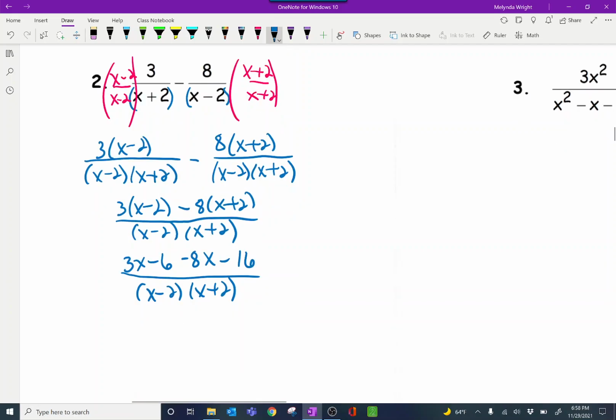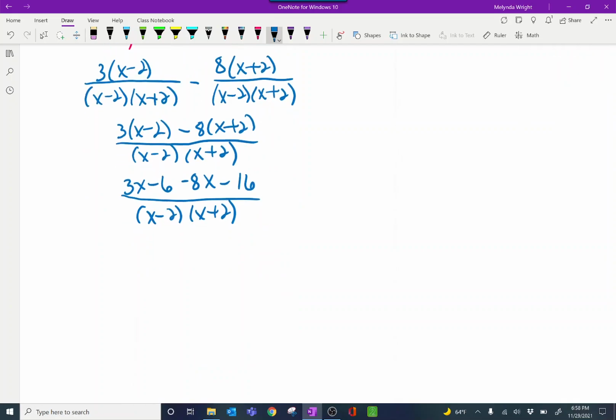Okay, so it looks good. So let's combine like terms now. So I've got 3x minus 8x, that would give me what, a negative 5x. And I've got negative 6 minus 16, that's what, a negative 22, all over x minus 2, x plus 2.